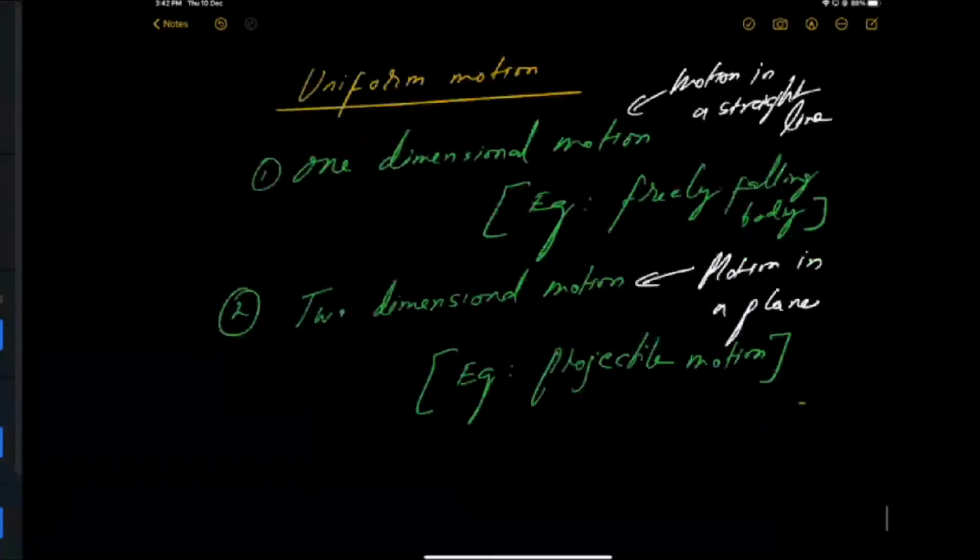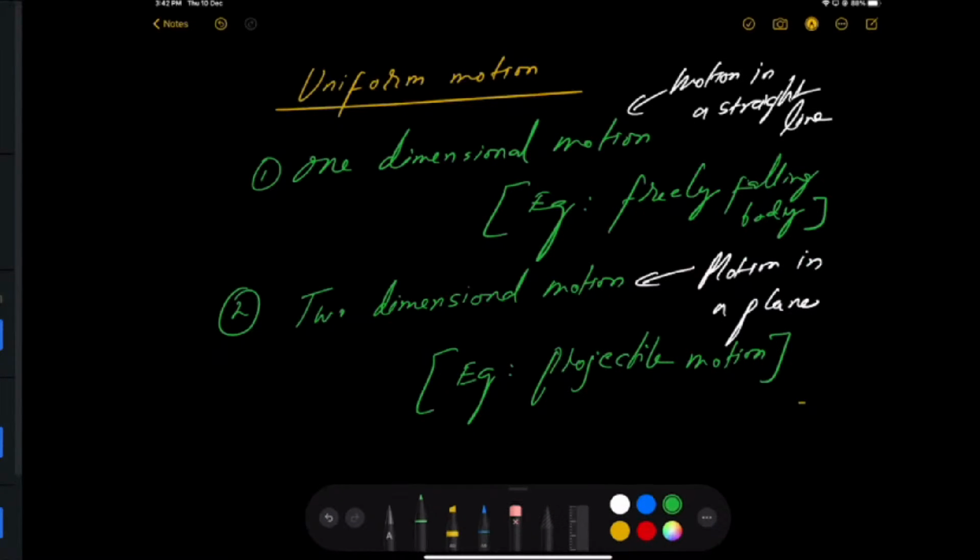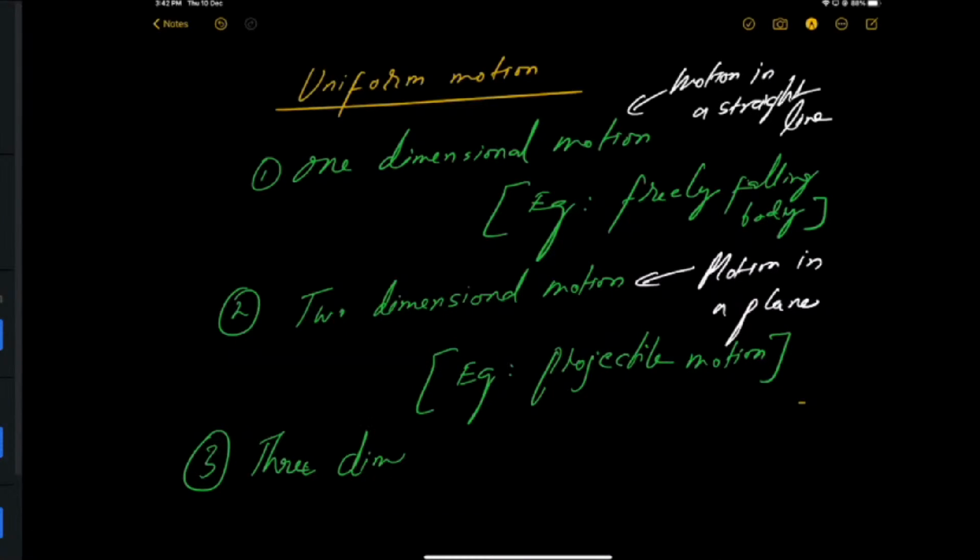Now third, three-dimensional motion. What is the best example of three-dimensional motion? The best example is when a ball swings. When someone kicks a football, or if you have a pace bowler in cricket or in baseball, they swing the ball.